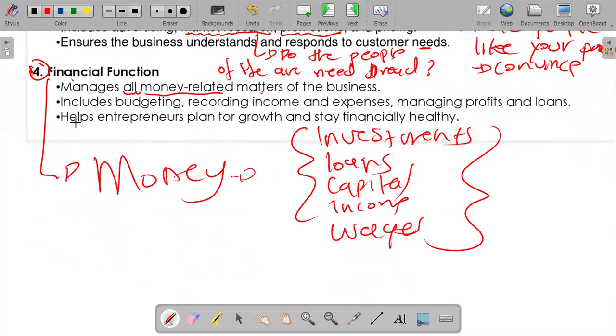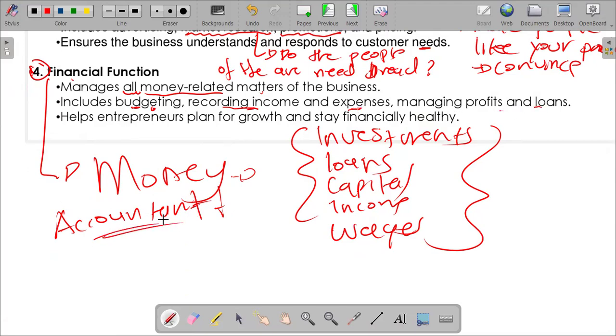And the second one, it includes budgeting, recording income, and expenses. So in most large businesses, they will use an accountant for these functions, for budgeting, recording income and expenses, and managing profits and loans.